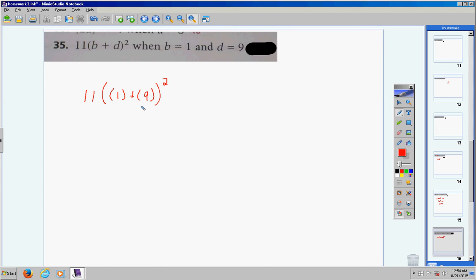Now, obviously, we have an exponent, but we have to simplify inside the parentheses first so that I know what number I'm raising to the second power. So 11, parentheses, 1 plus 9, positive 1, positive 9, that would be 10 to the second power. Obviously, we do not multiply these next. We do our exponents first. So 10 times 10 is 100. So now I would have 11 times 100, or you can keep it in parentheses if you want. And of course the answer would be 1100.